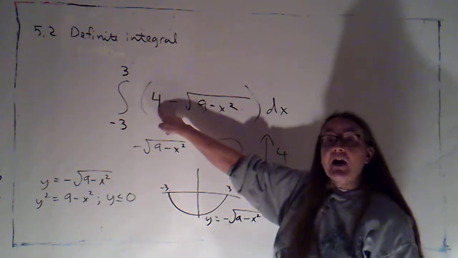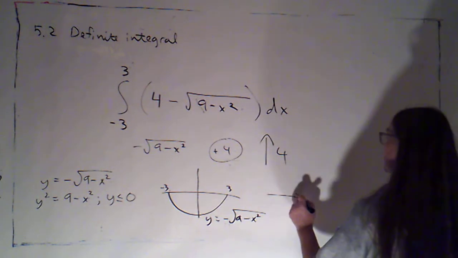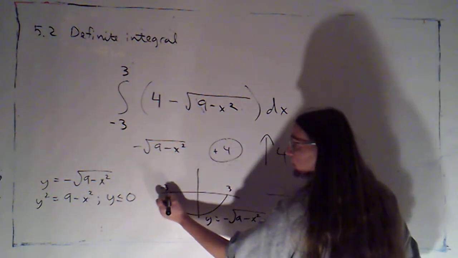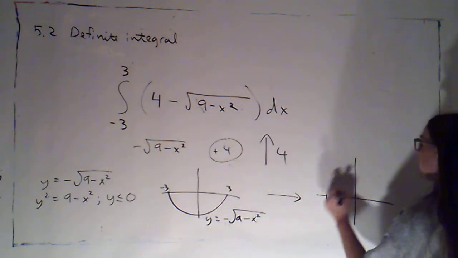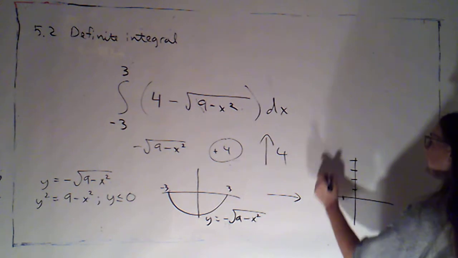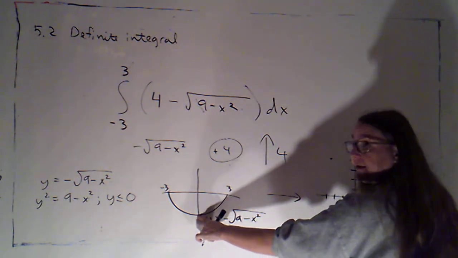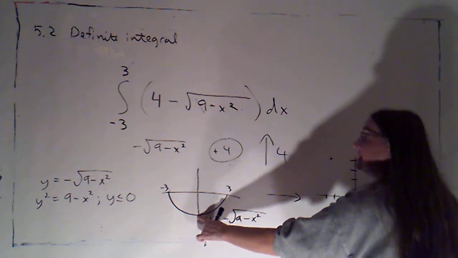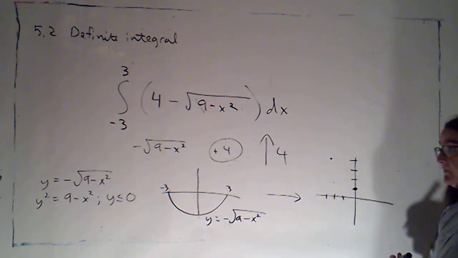Now what we're doing is we're adding 4 to that. What that's going to do is shift everything up 4. So instead of this point being at negative 3, 0, now that point is going to be at negative 3, 4. Instead of this point being at 0, negative 3, now we move that up 4, that point is at 0, 1.